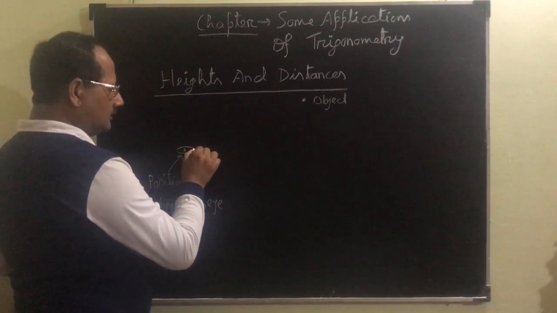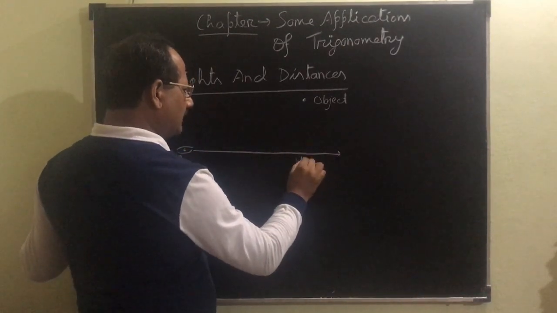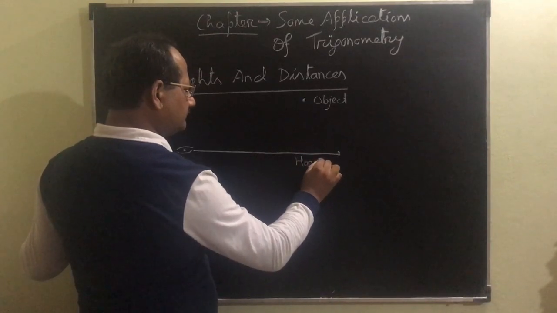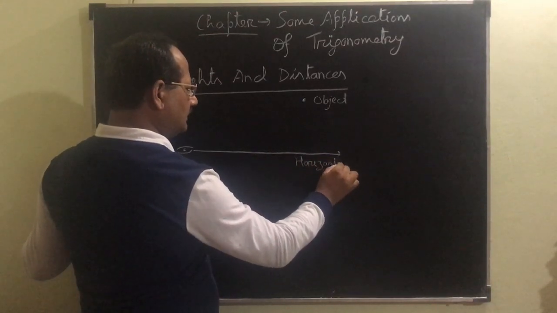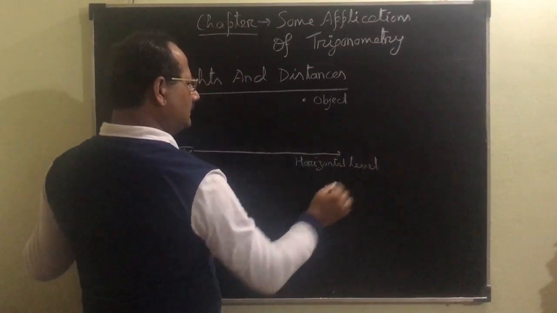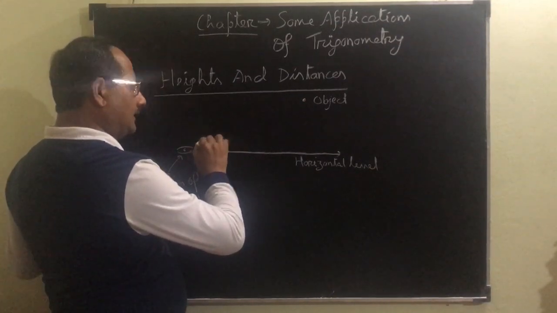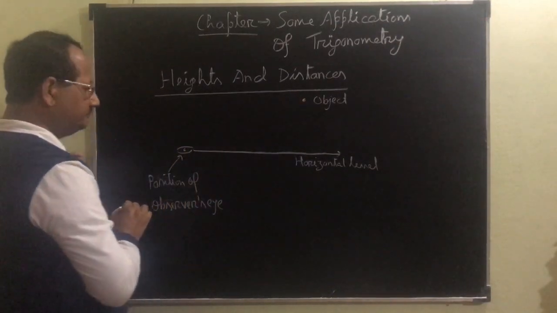If you see, this level is called the horizontal level.